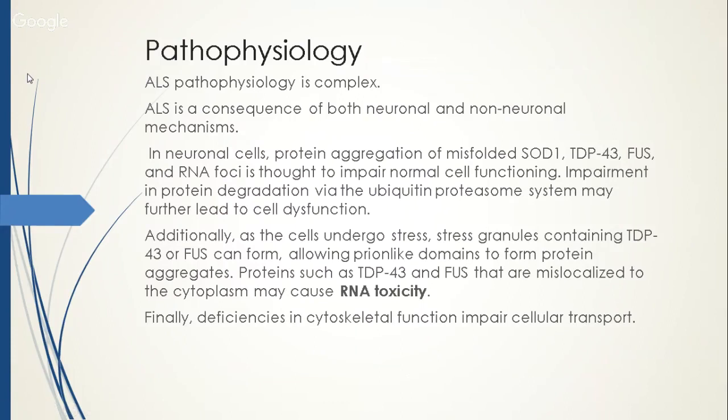Mostly these proteins are ubiquitinated, which of course should be destroyed by proteasomes, but they end up accumulating for some reason, especially if the cells undergo stress. Hence, you'll see that most of the treatments are looking at addressing stress, oxidative stress, and free radical scavengers.